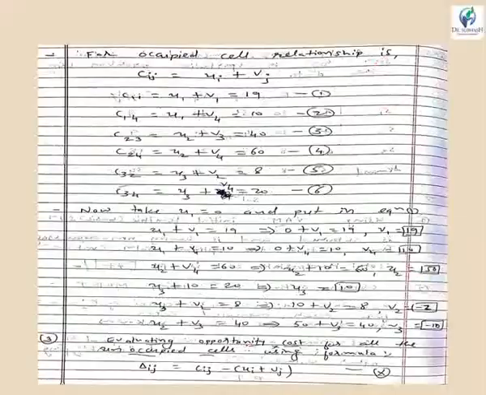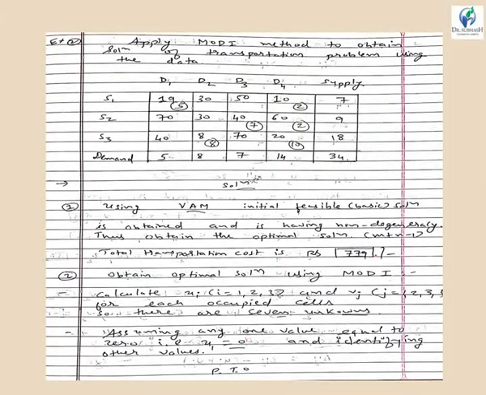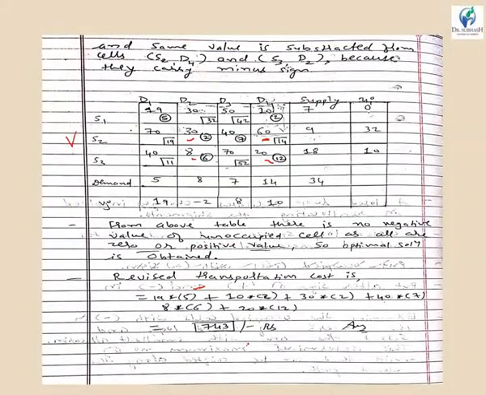If you see the first answer of the total transportation cost, that was 779. That 779 was the cost obtained using the WARM method.